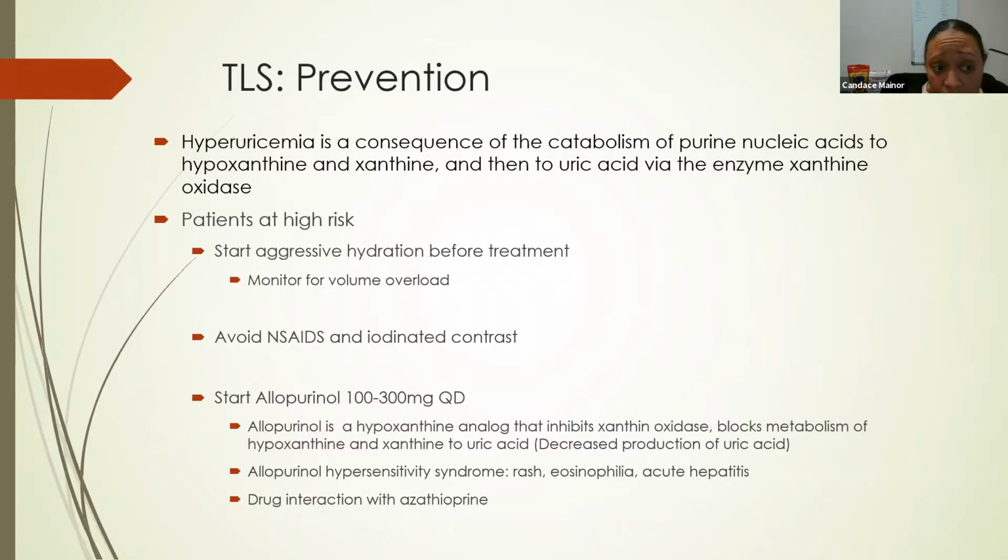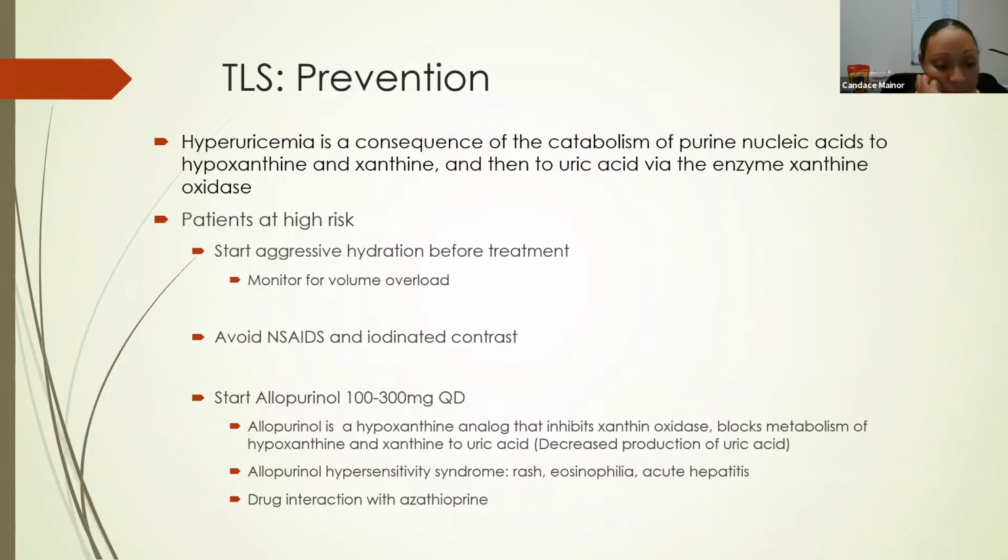So in patients who are at moderate risk to getting tumor lysis syndrome, in addition to fluids, we would start allopurinol at a dose of 100 to 300 milligrams QD to try and decrease the risk of a patient having tumor lysis syndrome. And any medication you use, of course, there's always potential side effects, and this would be a risk-benefit discussion and decision.